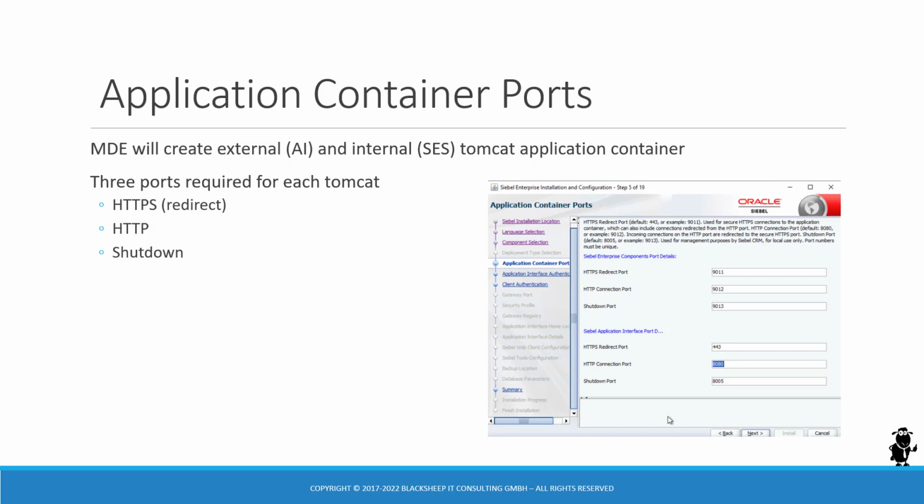So in this screenshot, we have both the enterprise and AI container. And the question here is about the port numbers to be used for the Tomcat services. There are 3 port numbers: HTTPS or the TLS or secure port, where you will make the connections, also known as the redirect port, because the HTTP port will redirect to that port. And there's the famous Tomcat shutdown port to be specified as well.